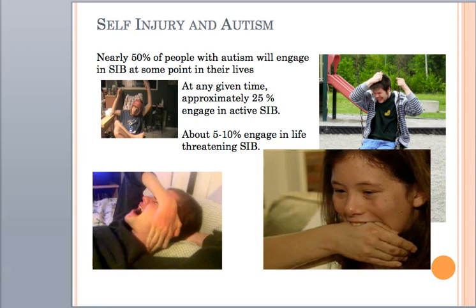What I can tell you is self-injury is often associated with autism, although it does occur with other developmental and intellectual disabilities. The research shows that nearly 50% of people with autism will engage in self-injury at some point in their life. And at any given point in time, if you do a survey or an assessment, you'll find that approximately 25% of them are currently engaged in self-injury.